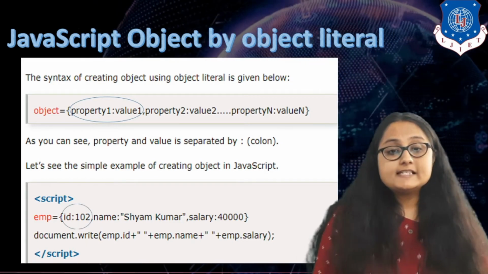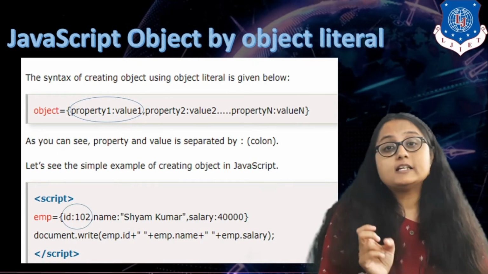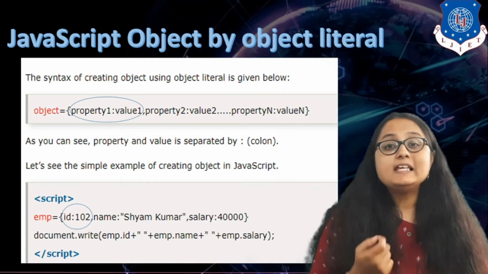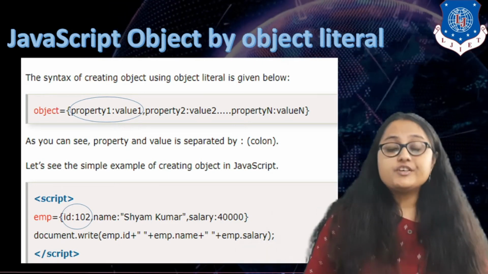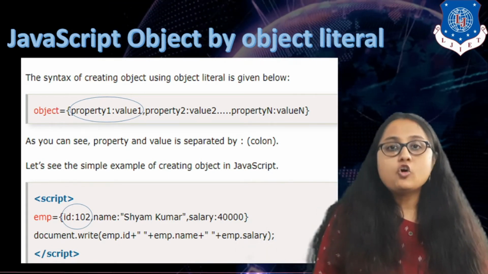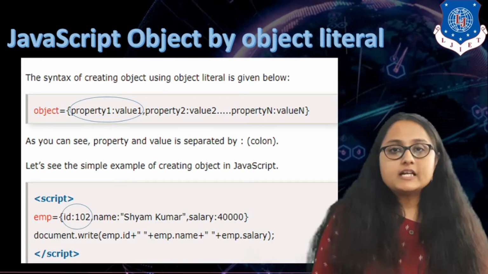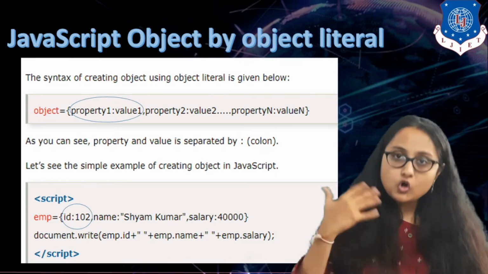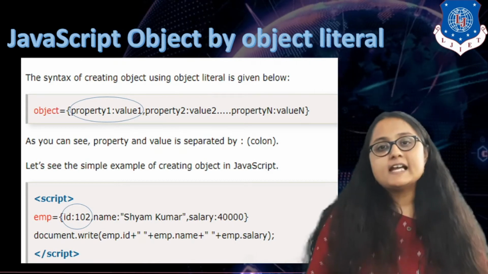Now here I have given an example. Let's say I have created a variable named emp. You can write this variable with the var keyword or you can skip the var keyword. Here I have skipped it and written only the variable name. It will also act as a variable. What are we assigning to this variable?